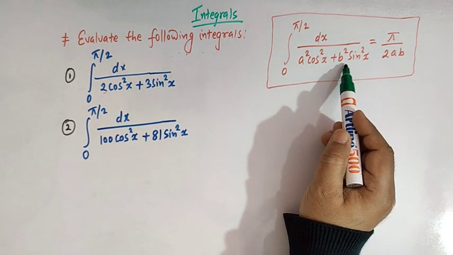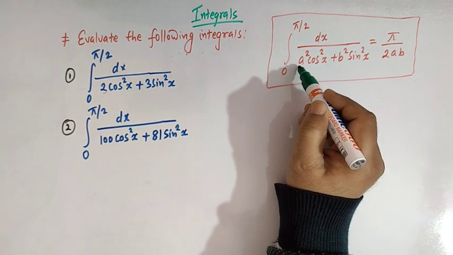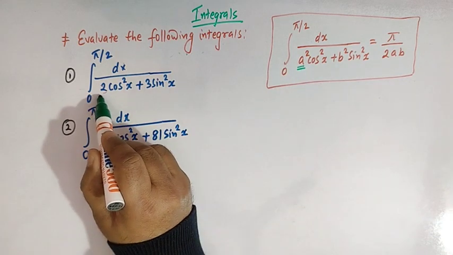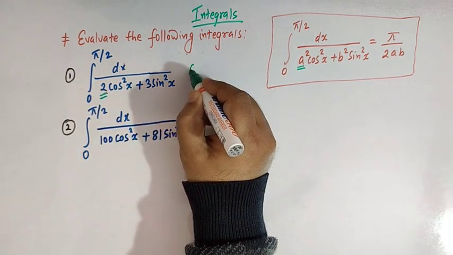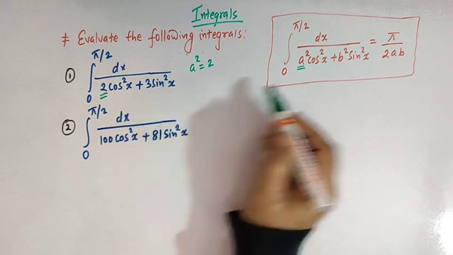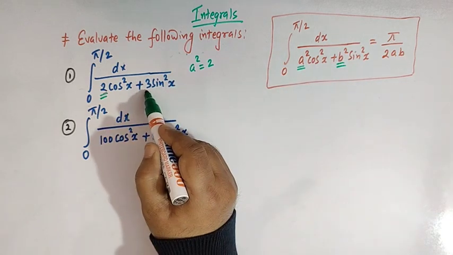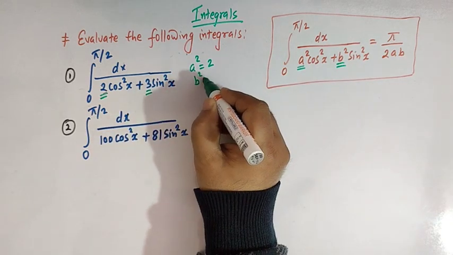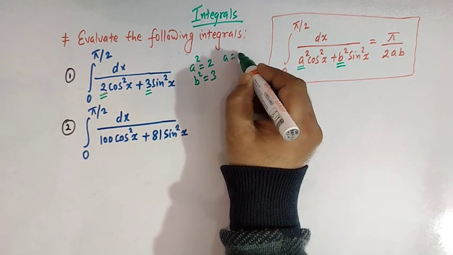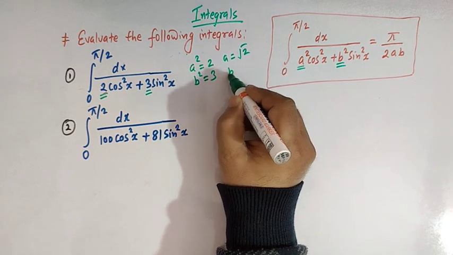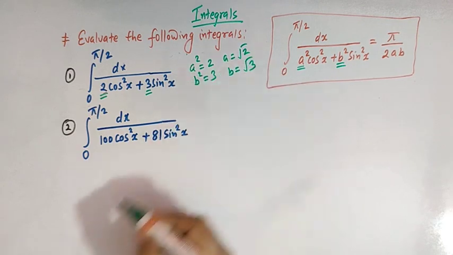Now to get the values of these two integrals, let us compare the first one with this integral, right? Here we have a square equal to 2 and b square equal to 3, right? So a is equal to square root of 2 and b is the square root of 3.